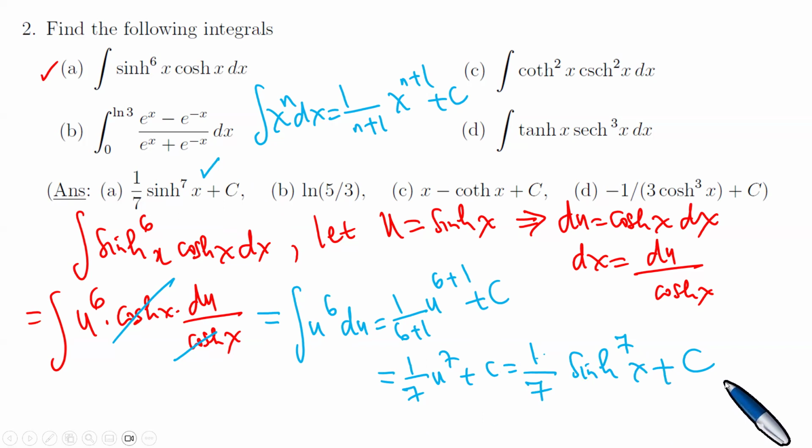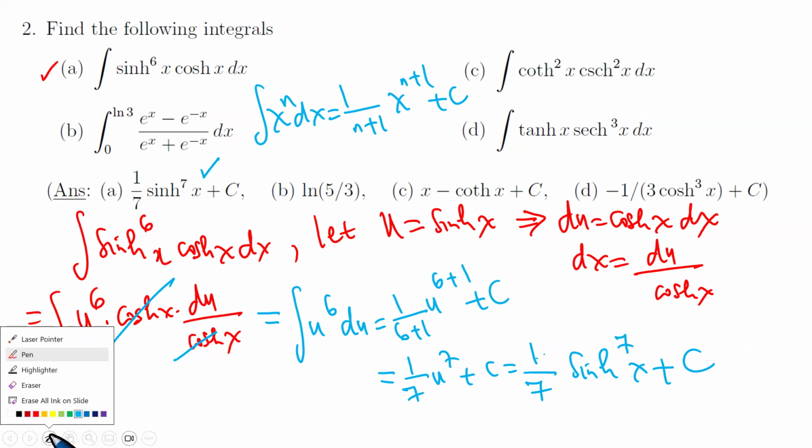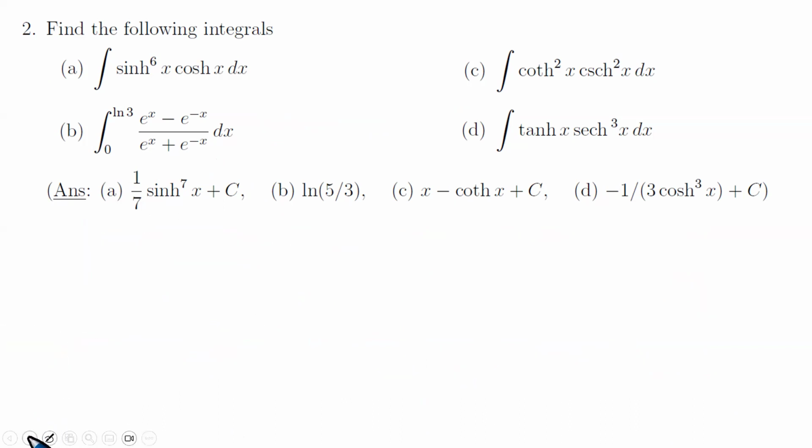Now, in part B of the integrals, we use a formula, a very famous identity. What is it? There's a shortcut rule that I always appreciated when I was still an undergrad student, before I became a researcher.